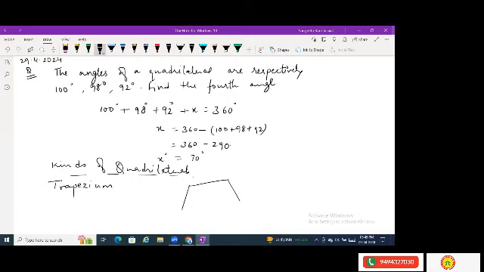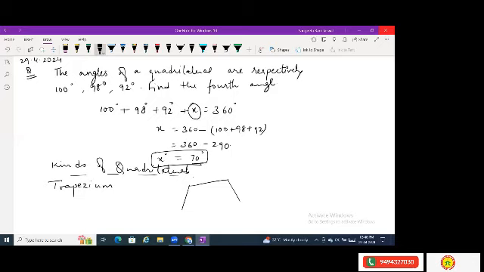See, the sum of all the angles of a quadrilateral is 360 degrees. This we had studied in the previous class. So when three angles are given to you, you have to find the fourth angle. So I just kept the fourth angle here and subtracted the sum of all other angles from 360 degrees, and so I got my fourth angle.